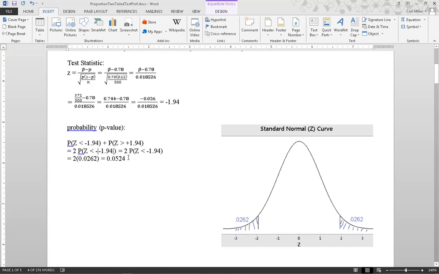So if I find the area to the left of z equal to negative 1.94, in my table that is 0.0262, so I double that because remember the standard normal curve is symmetric about 0. So the area on the left side is going to be equivalent to the area on the right side. So I'm adding those together or multiplying by 2, and my probability is 0.0524.